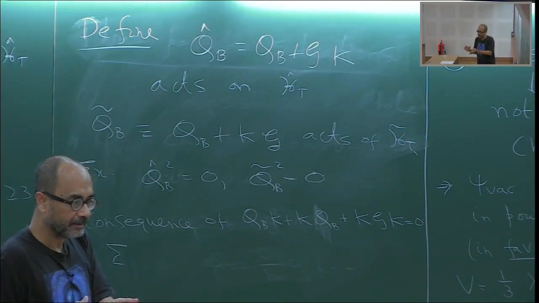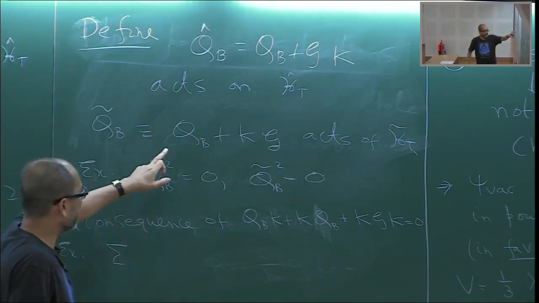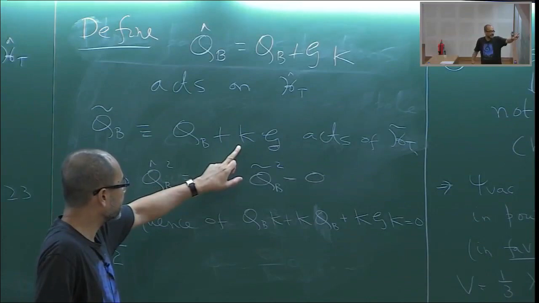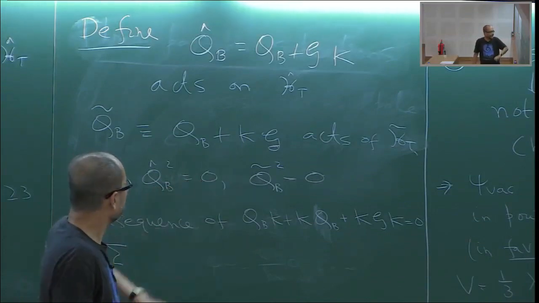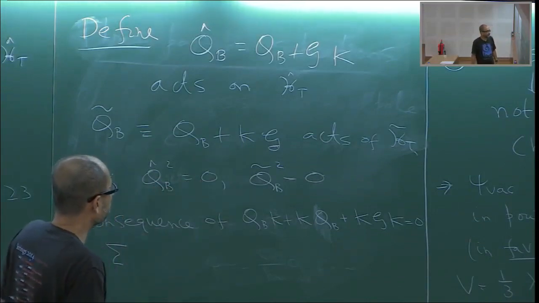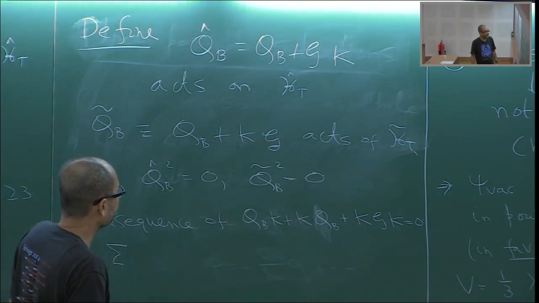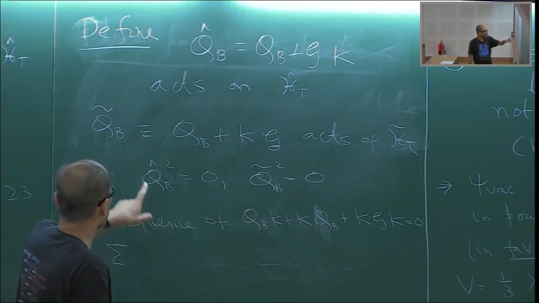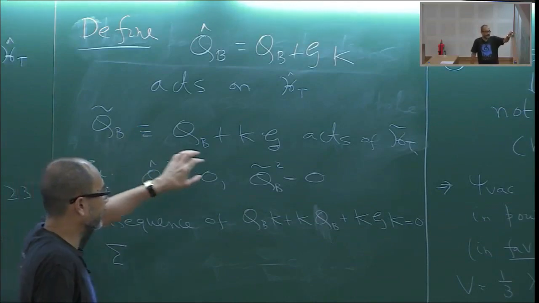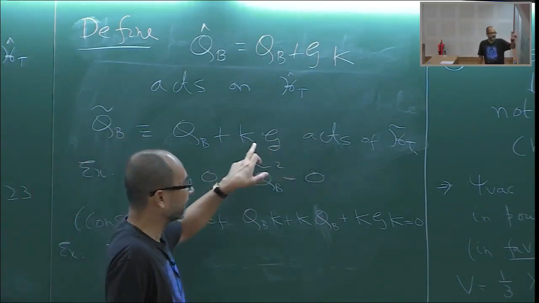Because K acts naturally on states in H hat, QB tilde acts on H tilde: if you start with H tilde, you cannot act with K directly.